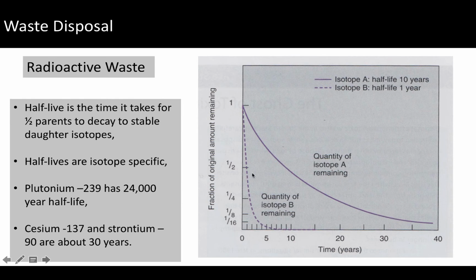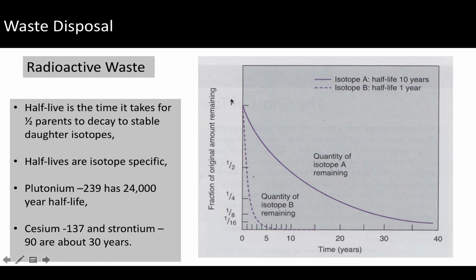On the right-hand side, we see the time in years and the fraction of original material remaining in a system. So here we have 100%, 50%, 25%, and so on, all the way down to an eighth and a sixteenth of whatever we started with, which was 1.